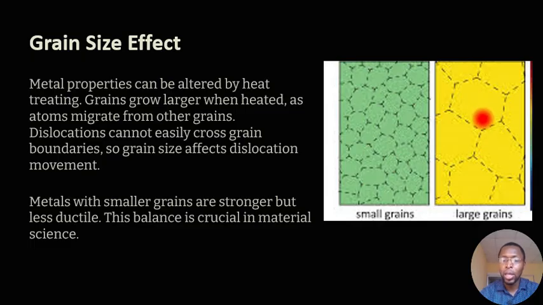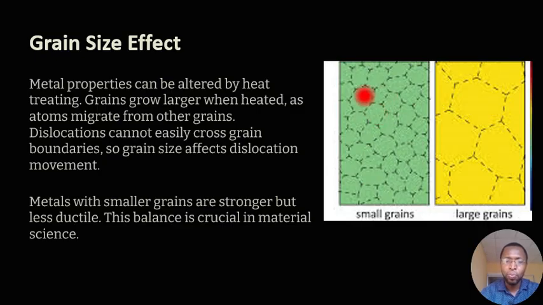But they are ductile, you can easily bend them. But metals that have smaller grains are strong, but they are less ductile. The reason is that when the metal has smaller grains and you tend to bend it, the grains are too closely packed to each other, no space.